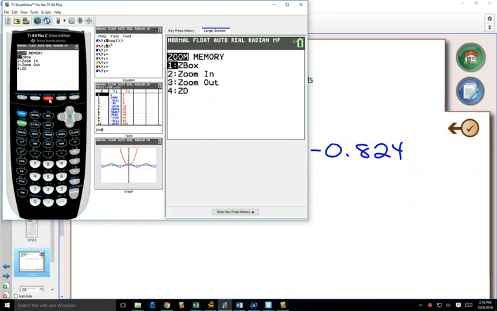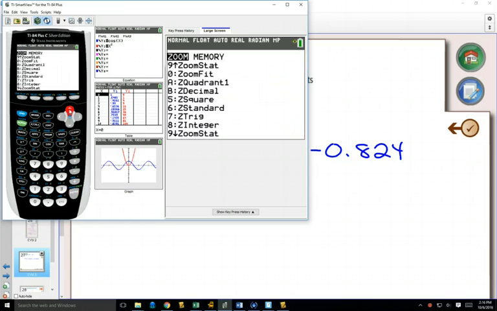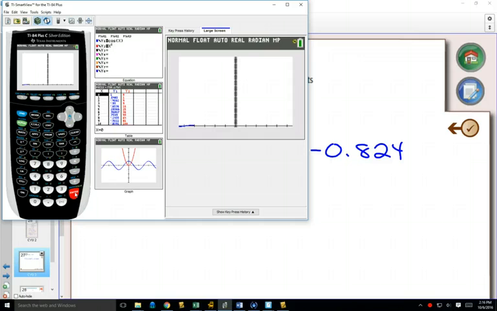Under the zoom menu, another one that students like to use is 0, zoom fit. Now the zoom fit tries to fit it onto your graph nicely. Sometimes this works beautifully, sometimes it's a disaster. So we're going to find out what happens in this case. Yeah, it's a disaster.